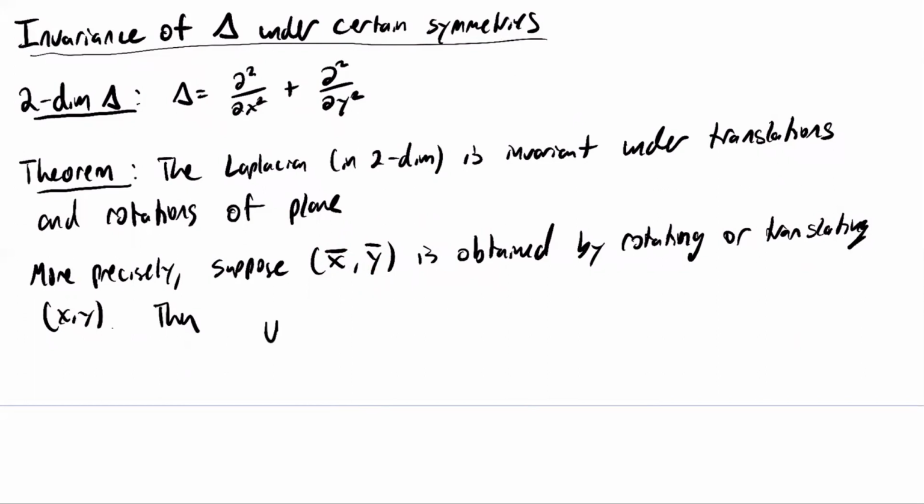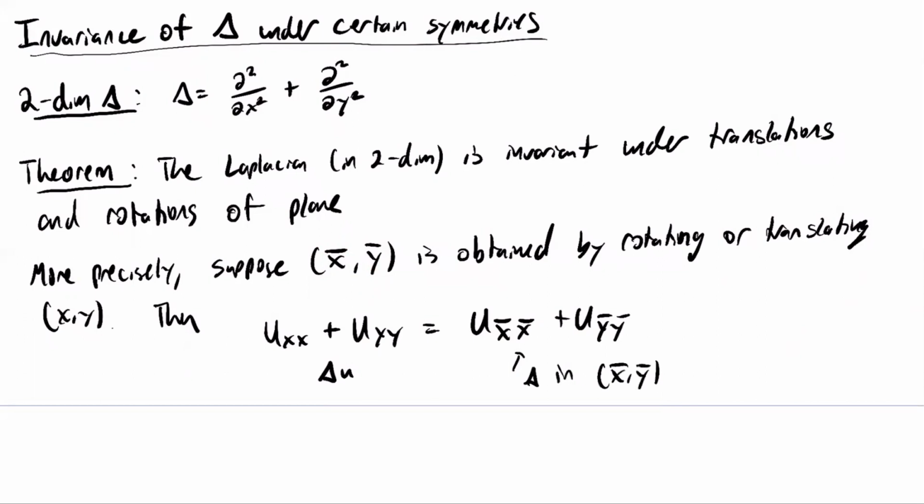Then if I take second derivative with respect to x plus second derivative with respect to y, well, this is the Laplacian in the usual coordinates. This is equal to second derivative with respect to the new x bar plus second derivative with respect to the new y bar of my function. Right, so this is the Laplacian in x bar, y bar coordinates.